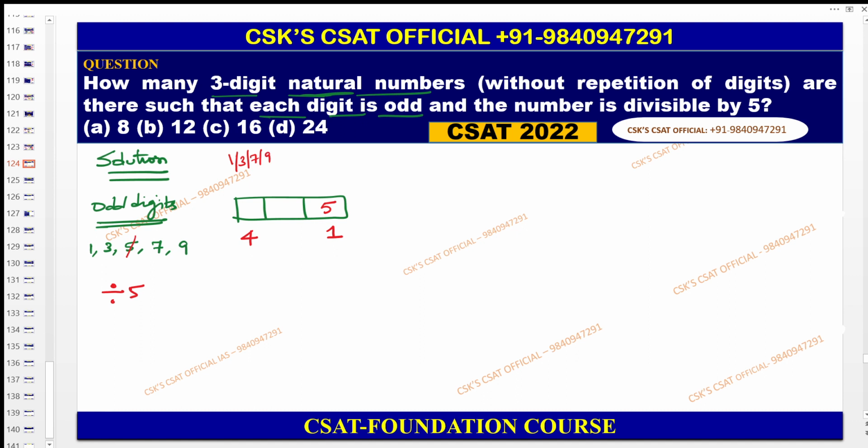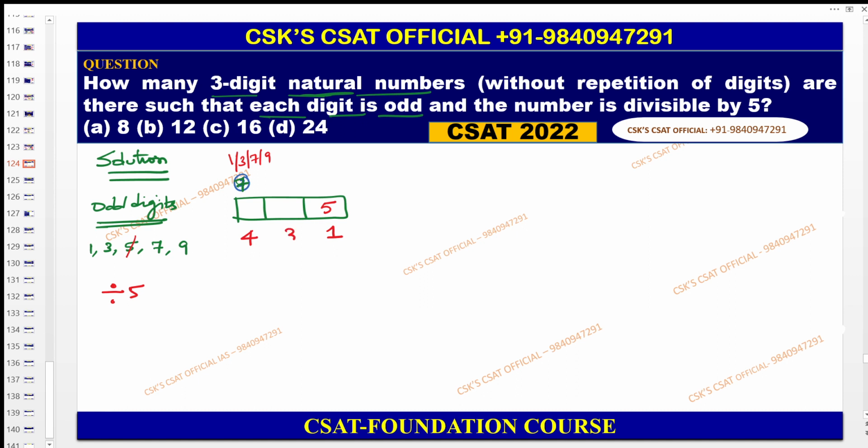Suppose you are placing 3, or else let us take 7. If you are placing 7 here, then what would be the number of ways to fill this place? 1, 3, 9.